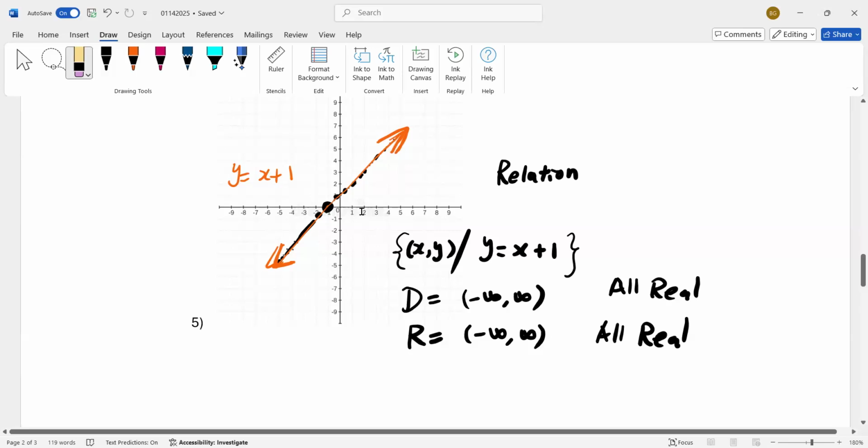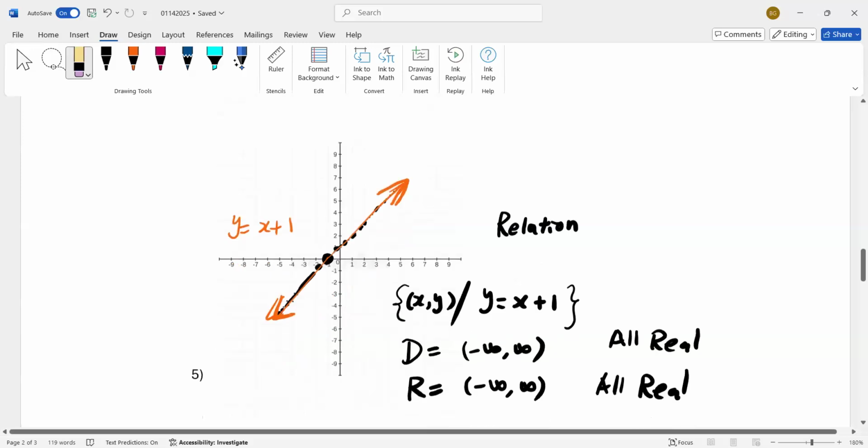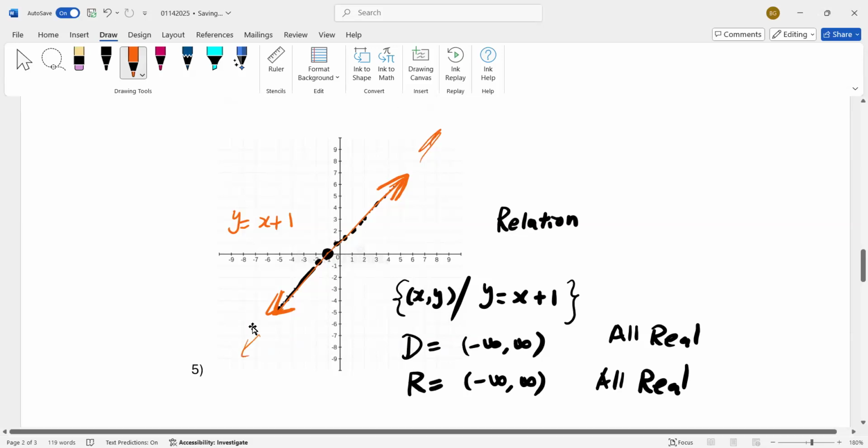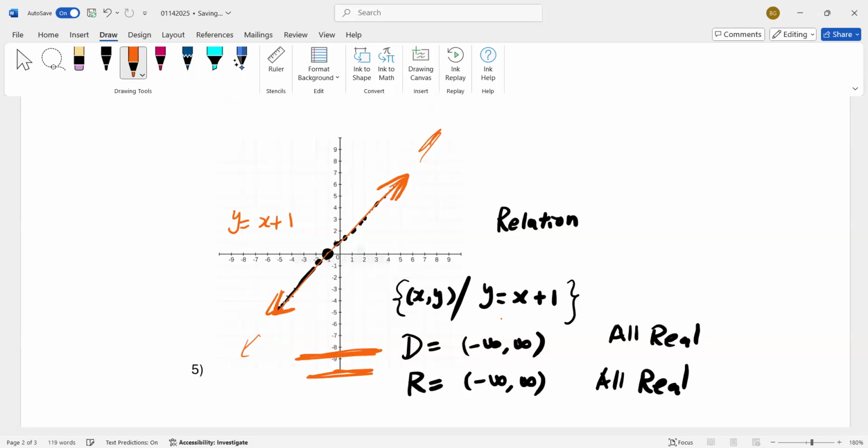For the range, we look at the graph vertically, okay? This is going up, and this is going down. Vertically, does this graph have a boundary from below, stopping somewhere? Does the graph have a boundary from above?